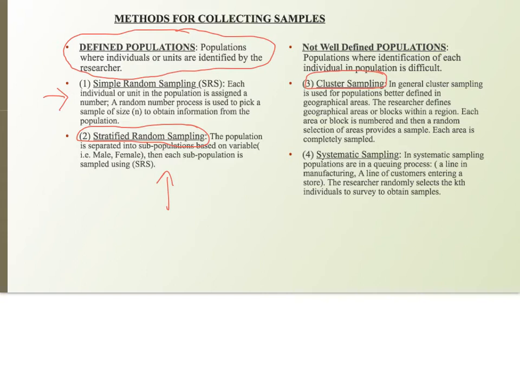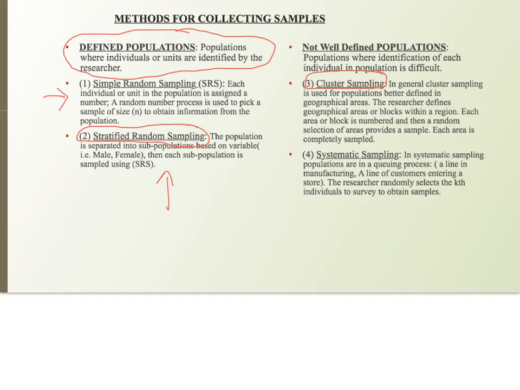Finally, another population that's not usually well defined is typically in the retail or manufacturing process. In these cases, sometimes in the manufacturing process, we don't know the whole population because it's being manufactured.